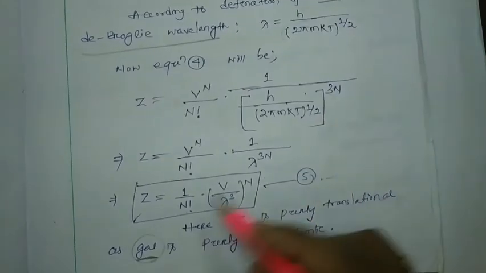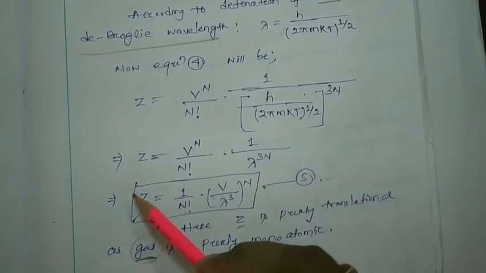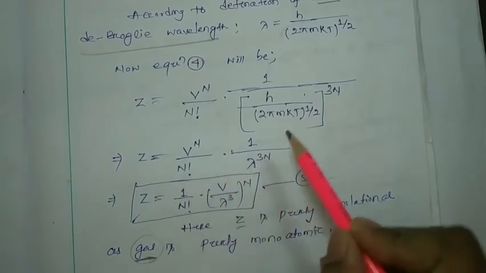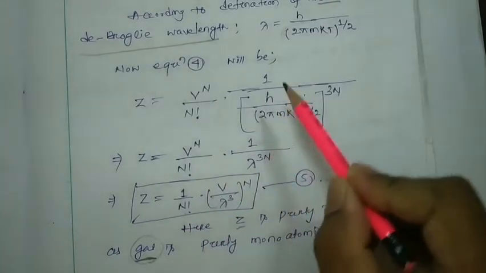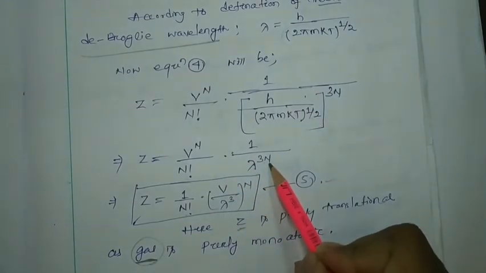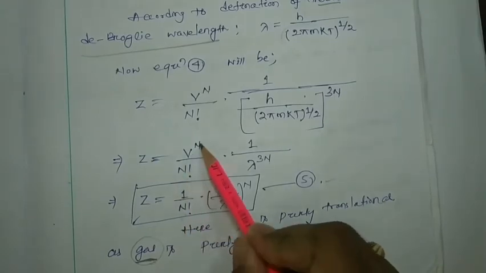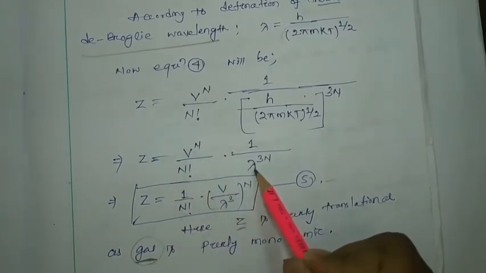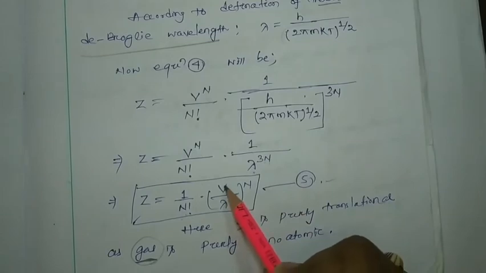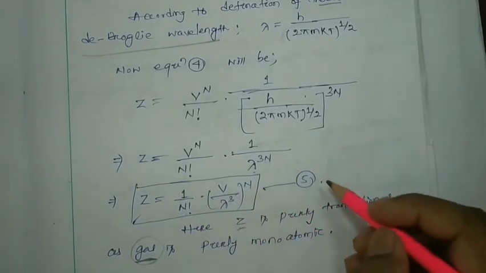Now again with rearrangement we can write z equal to v to the power n by n factorial times lambda to the power 3n, right? So z will be equal to 1 by n factorial, where v to the power n and lambda to the power 3n can be written as v by lambda cube, whole to the power n. Let this be your equation number 5.